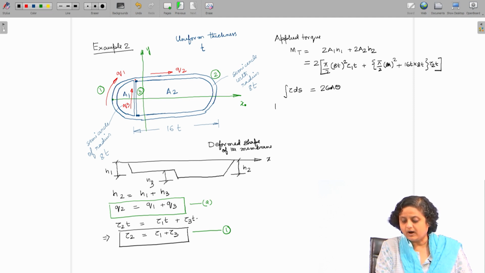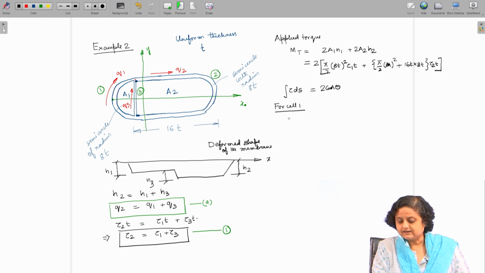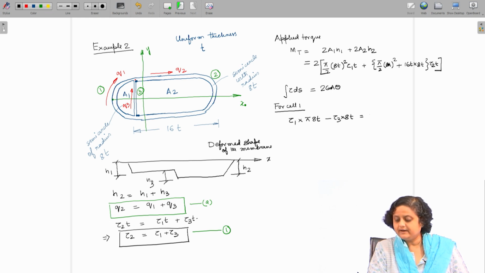For cell 1, we can say that tau 1 into pi into 8t minus tau 3 into 8t is going to be 2G, A is pi by 2 into 8t square, into theta.